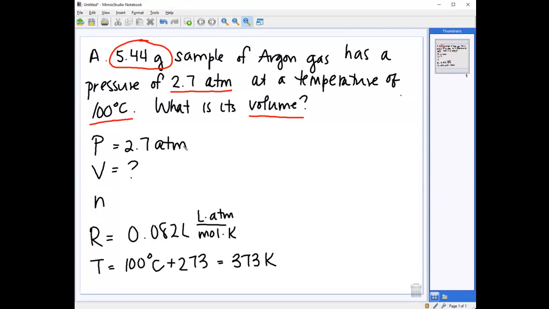So I have Kelvin, I have atmosphere, I have my ideal gas constant. I don't have moles. I have grams. So how do I convert from moles to grams? Or from grams to moles?